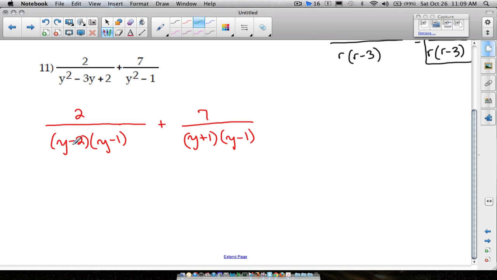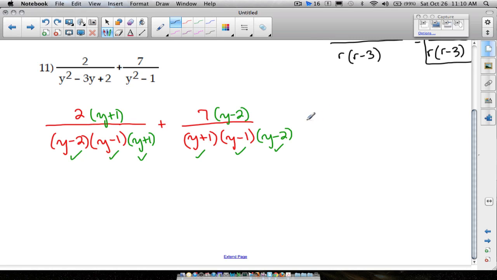Since this has a y minus 2, there's not one over here, so you got to put one over here. But make sure if you put it at the bottom, you put it at the top. This has a y minus 1 in it. That one has a y minus 1. So we're good with those. We're good with the y minus 2's, but now we need to deal with this y plus 1. Since there's a y plus 1 in this fraction, the other must have one as well. But make sure you put it at the top. So now our denominators match up.